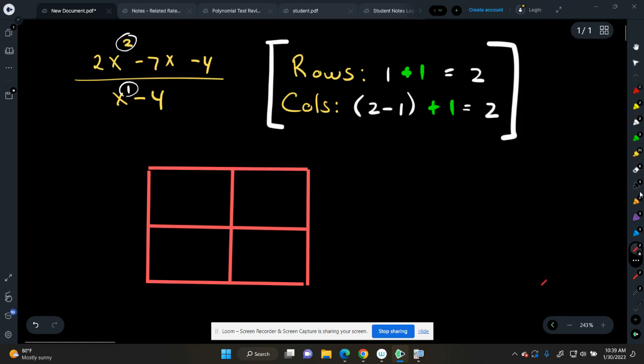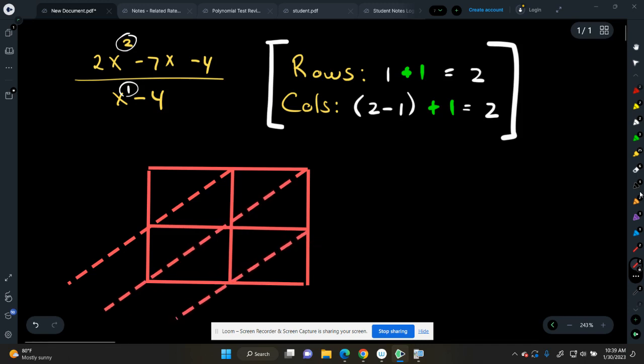So I've got my 2 by 2 box, and now I'm going to draw my diagonals. And I like to do those as dotted lines. Make sure you go through the corners of the boxes when you draw your diagonals. The neater you do it, the less likely of making a mistake.